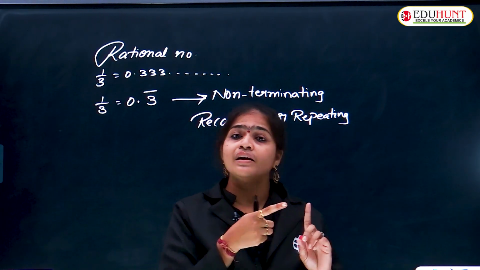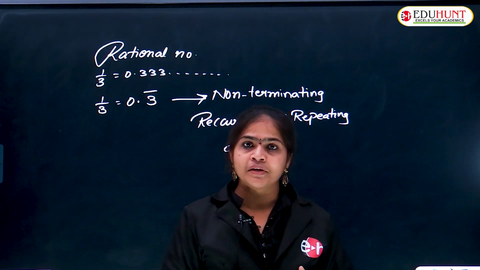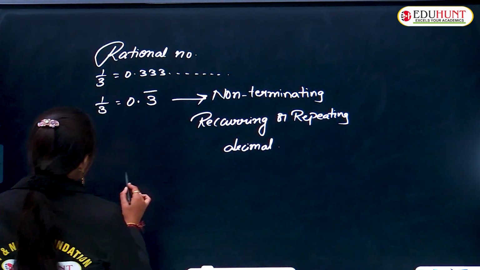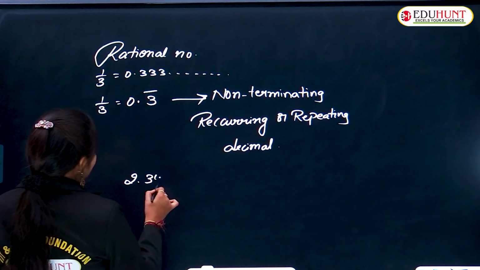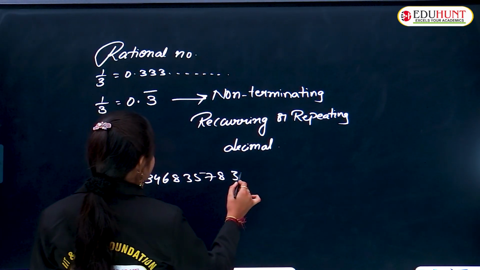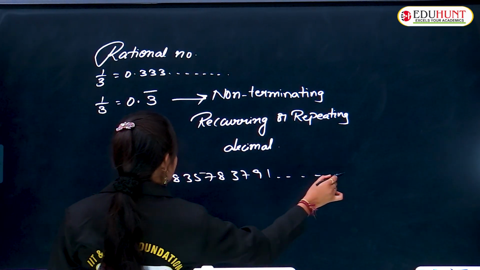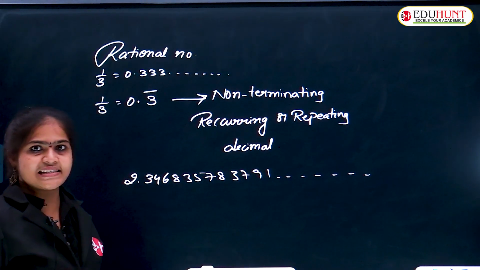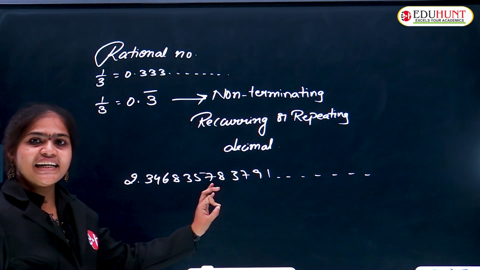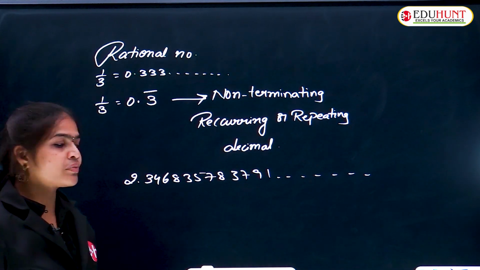What about non-terminating, non-recurring? Which kind of decimals are these? For example, here 2.346835783791 and so on, like this a decimal is there. Is this a terminating decimal or non-terminating decimal?